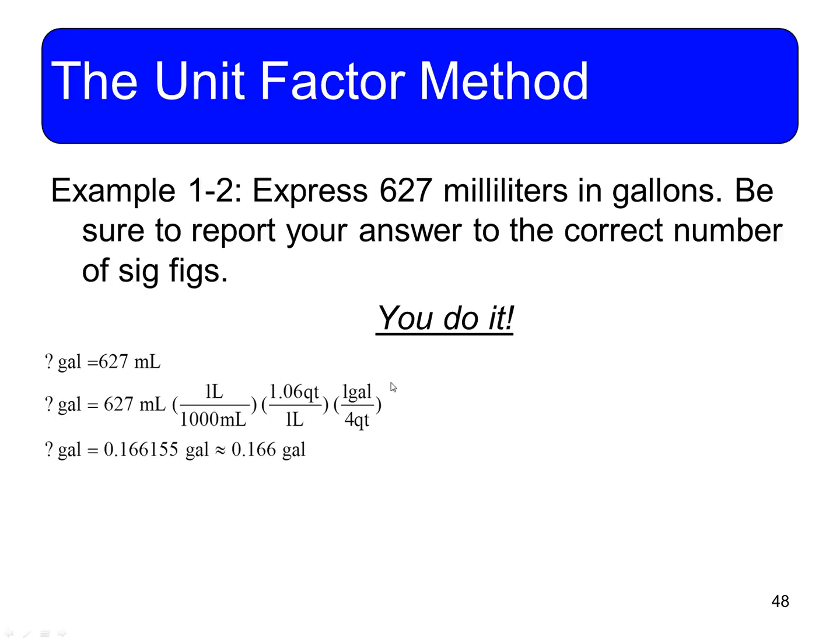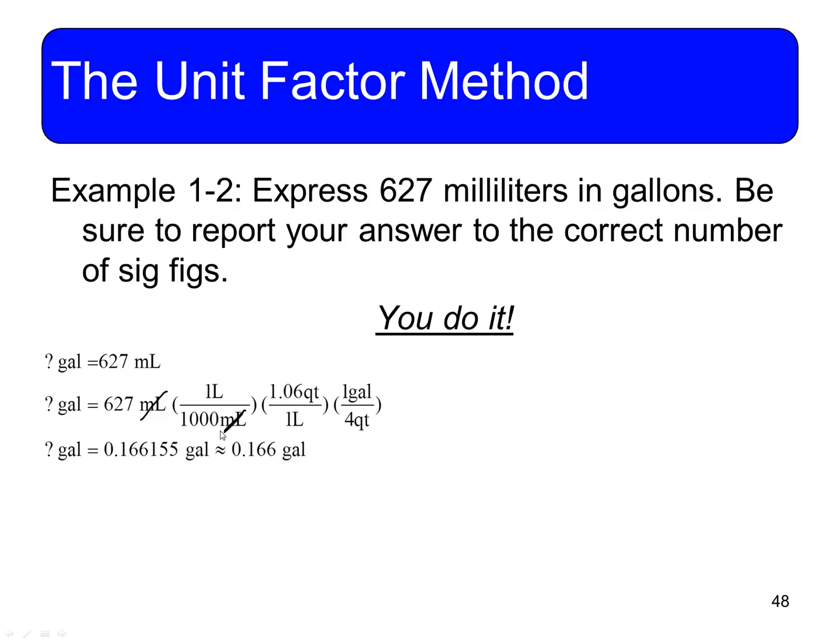So we write out what we know. We're always going to have milliliters on top, and we're going to have that same unit down in the denominator so that our units can cancel. Okay.